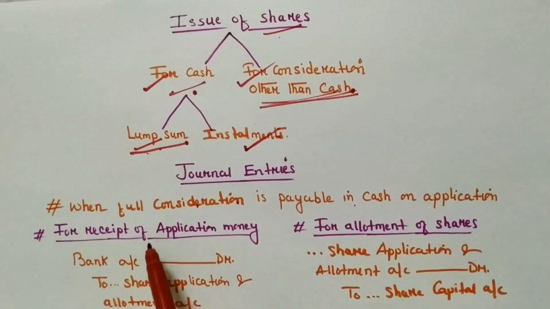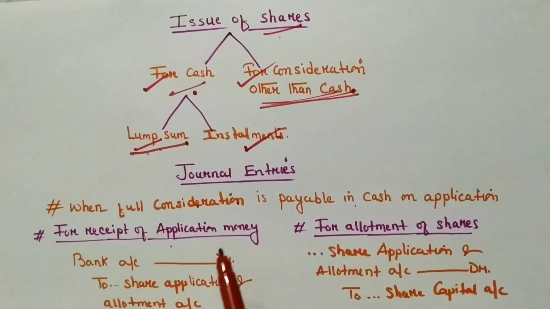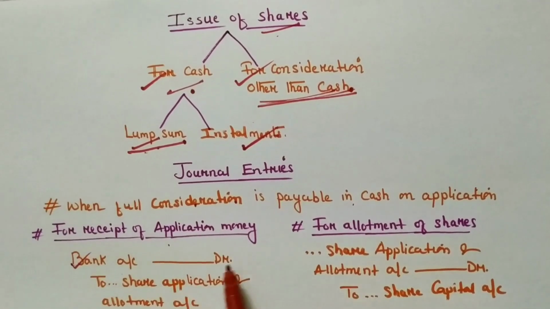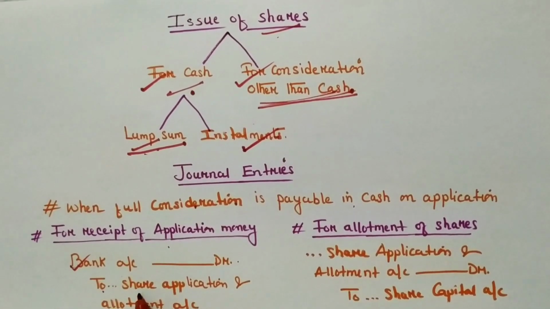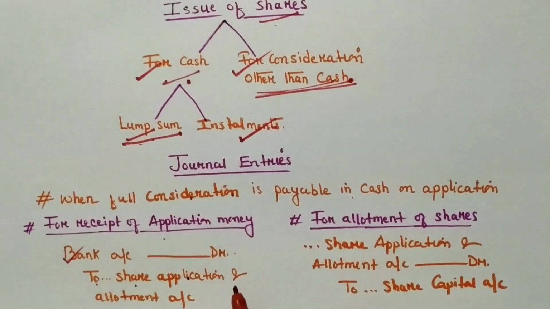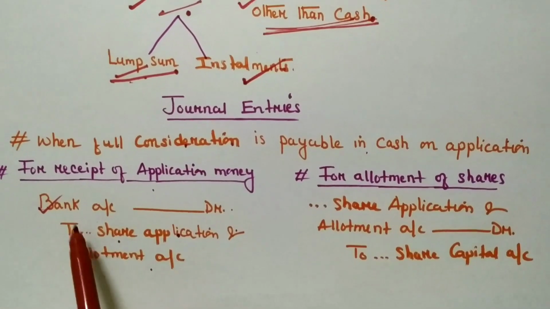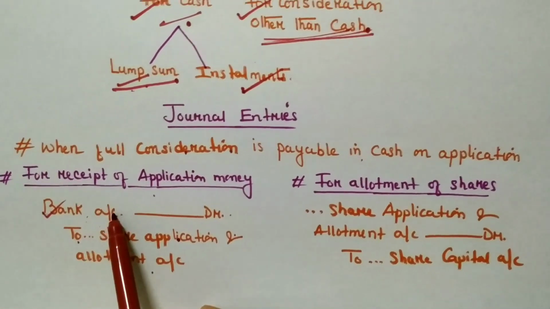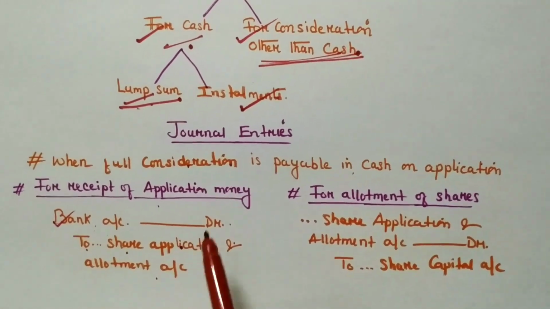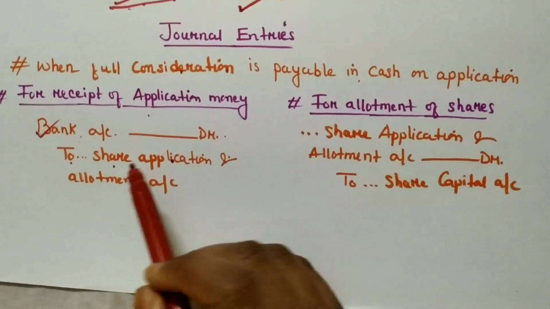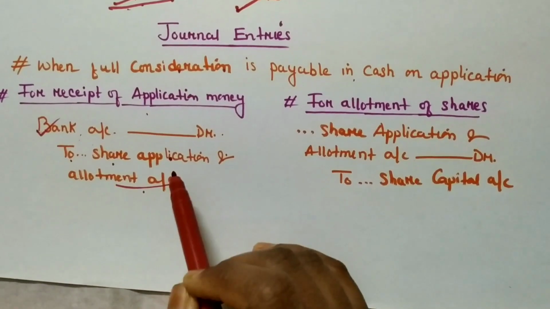For the receipt of application money, the journal will be bank account debit to share application and allotment account. You will debit bank with the amount received on application against application and allotment money.